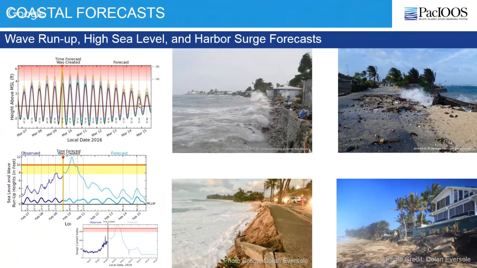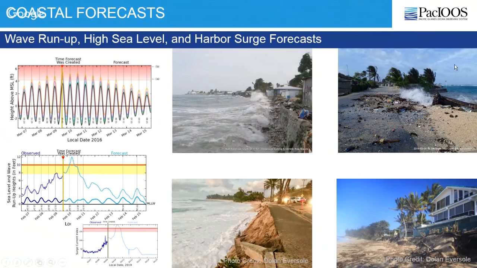We've been seeing this along the South Shore, but really heavily along the North Shore, where a lot of erosion has happened recently. So we have a 6-day forecast to predict how bad the wave run-up is going to be. And that's the plots over here.